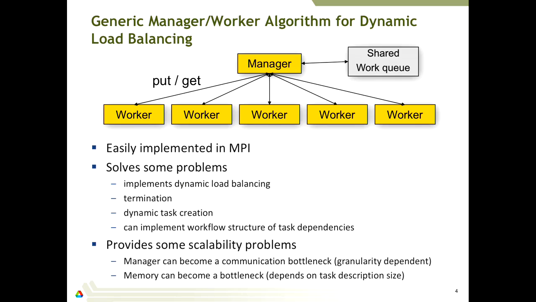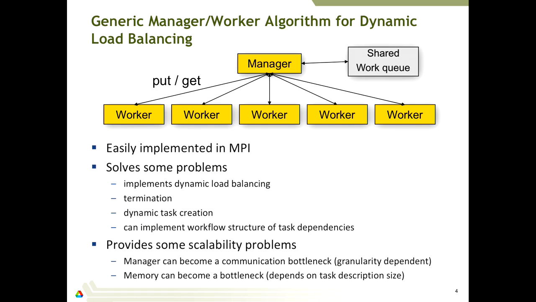But this provides some scalability problems when you have lots and lots of workers. So this doesn't work so well, in two ways. The manager can become a communication bottleneck. That sort of depends on how big the work units are, but if there are lots of workers and the tasks are small, then you can see how communication with the manager would become a bottleneck.